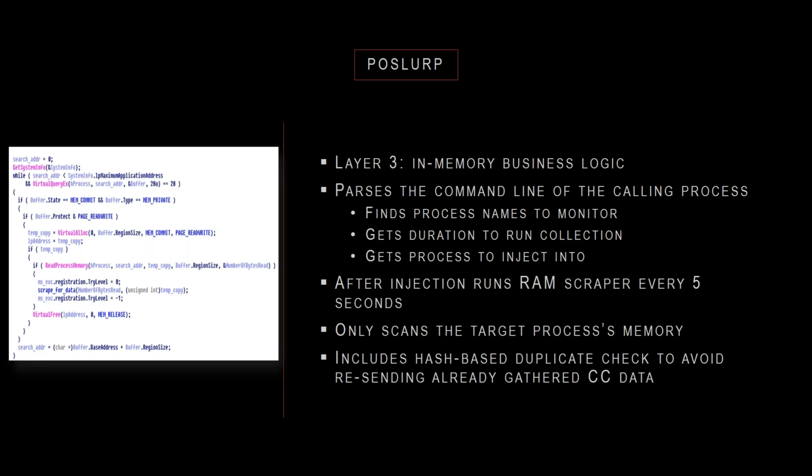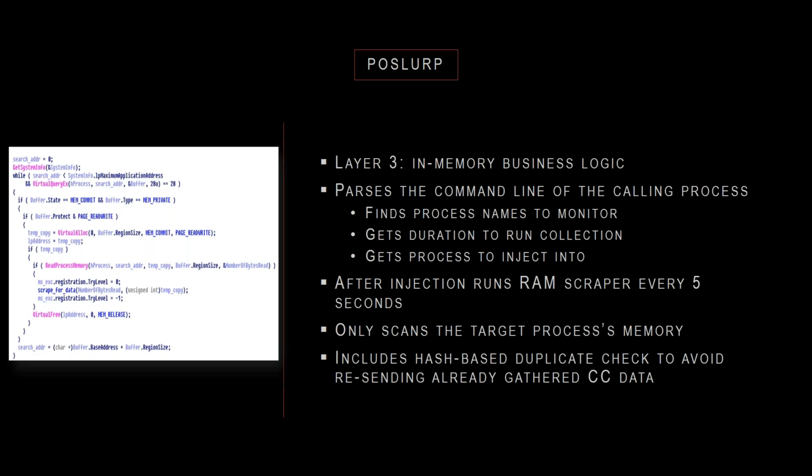Once it finds one, it will compute a checksum of that credit card data and add it to its list of known checksums that it has collected. And if it's already in there, then it will say, oh, not adding that one, not outputting that one. So this is a duplicate check that it uses to avoid resending credit card data that it's already collected.